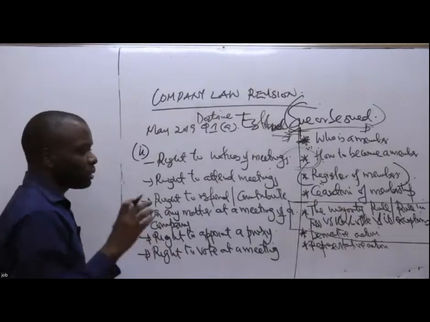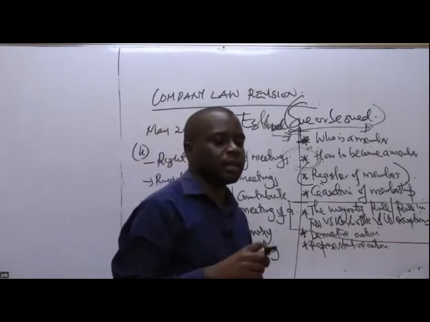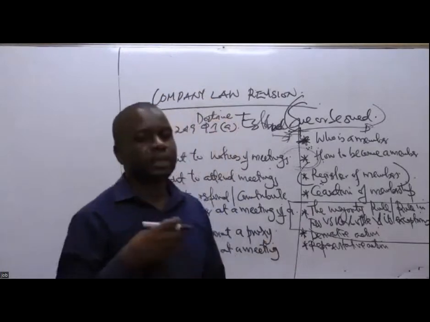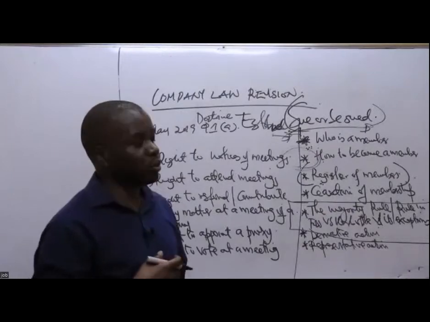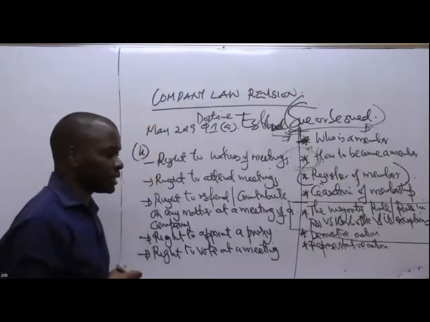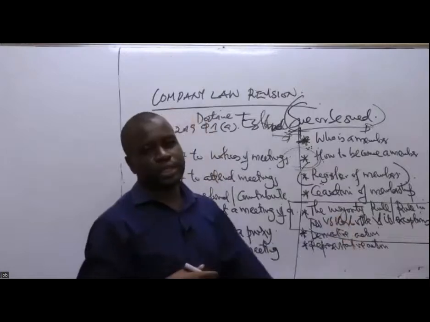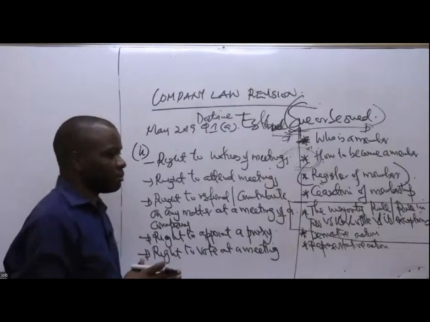And most importantly, the best advantage out of it is that it recognizes the principle of separate legal entity, that a company is a person on its own, separate from the owners. It can sue or be sued in its own name. So that is one of the advantages of this particular rule known as the majority rule. That is basically what it says and what it means.